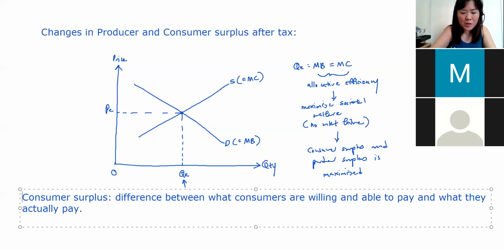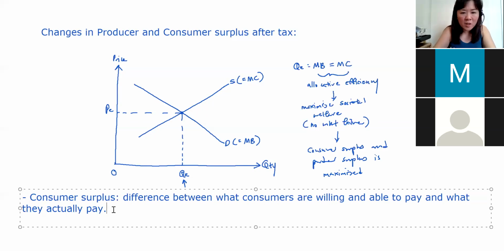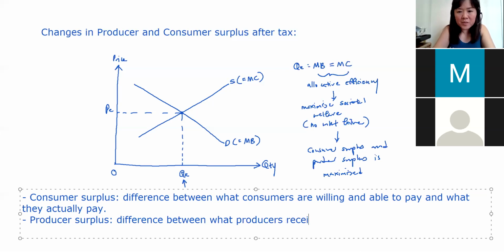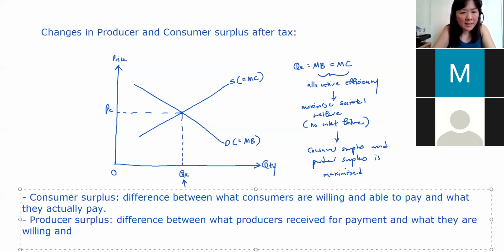Now, as opposed to that, producer surplus is the difference between what producers received for payment from the consumers and what they are willing and able to produce.